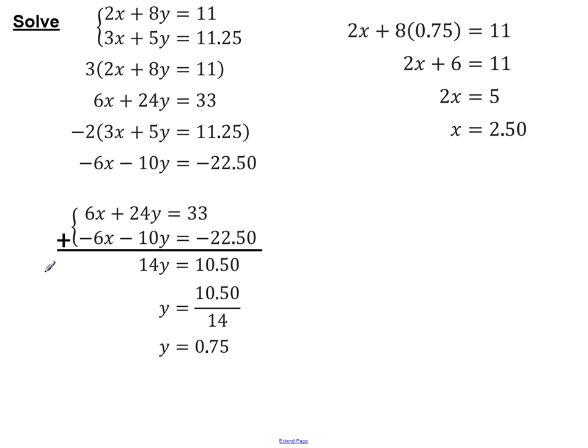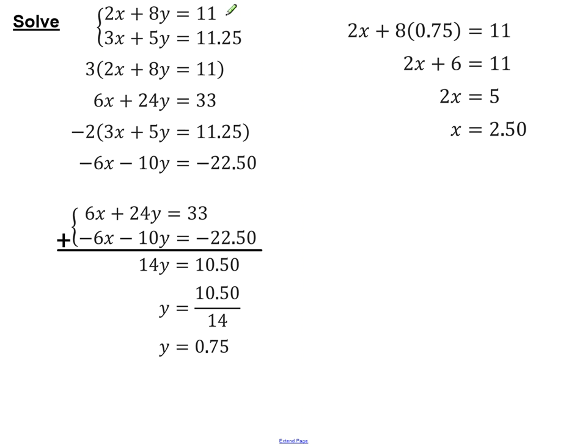All right, so let's take a look at this solution. I'm saving some time here by not writing this out, but essentially this up here is our system, right? So to solve this system, we can't just multiply one equation. We actually need to multiply both equations. So let's take a look.